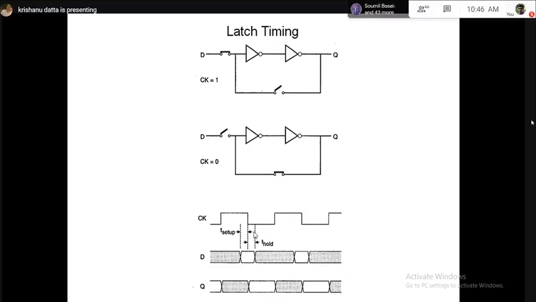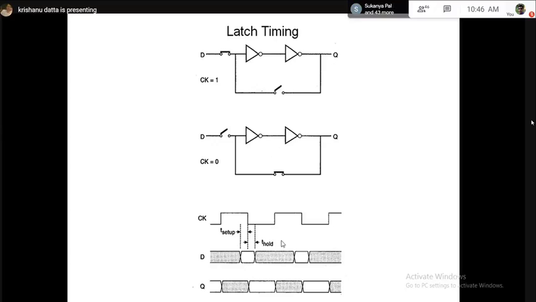The question is why do setup time and hold time exist? And the answer is very simple, right? All these digital gates or the transistors that we are using, they all have finite delay, right? Since they have finite delay, automatically, data needs to stabilize before the clock fall, and it needs to be stable after the clock fall because of finite delay through all these elements inside the latch.